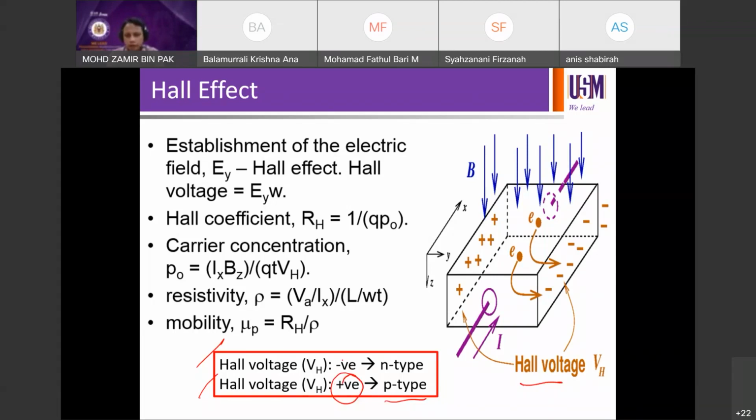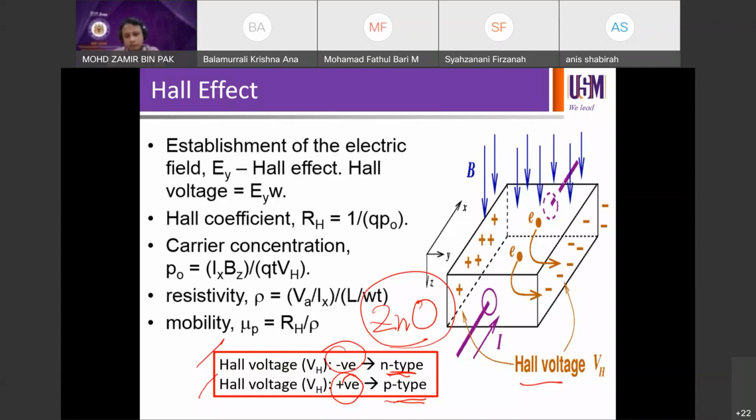So anyone working on zinc oxide, is it usually n-type or p-type, for example? All right, n-type. Zuki, your FYP is on zinc oxide. Okay then.